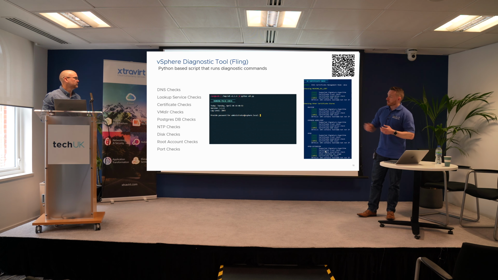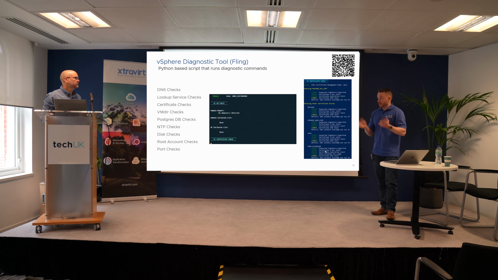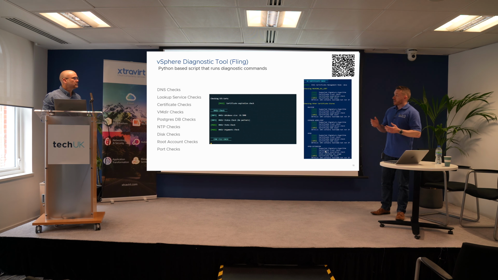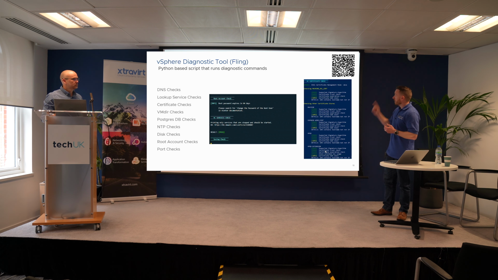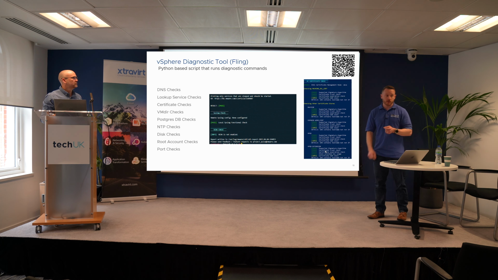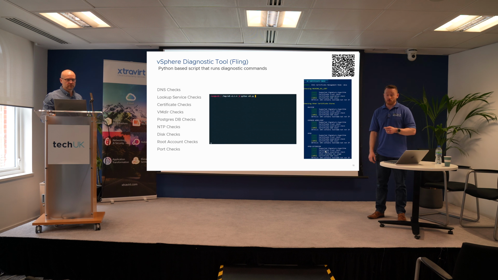There's a list of the various checks it can do on the left-hand side. It can look at the different certificates within vCenter, as well as DNS, NTP, etc. There's a snippet of the output there, and the GIF rotating in the middle. Again, QR code: if anyone wants to jump onto the VMware Flings website, they can go and grab that.